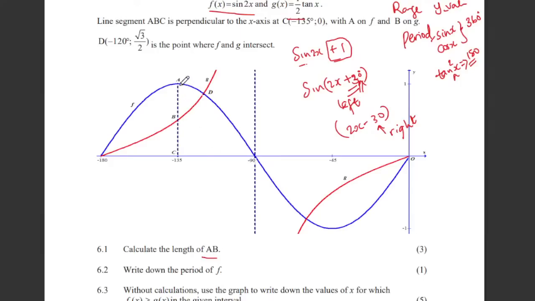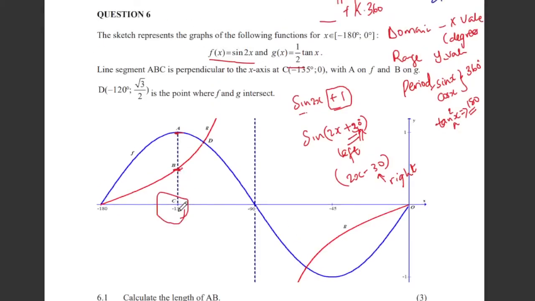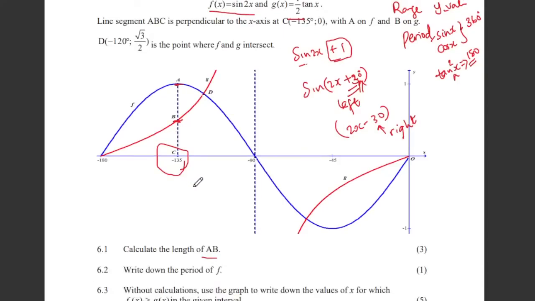So this is A, and that is B. But we know that both A and B have the same common x-value, which is negative 135. So it's up to you. You can choose to substitute the negative 135 into these equations, f and g, and then subtract the values. You get those 3 marks. I think that's way better. So since the graph of f is on top, you can say f of x minus g of x, and then just substitute negative 135.